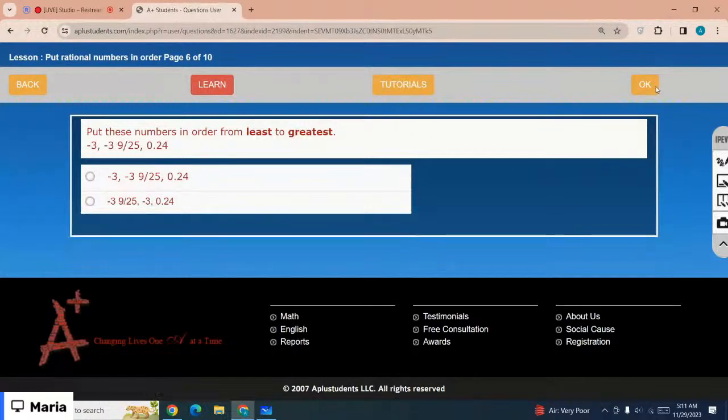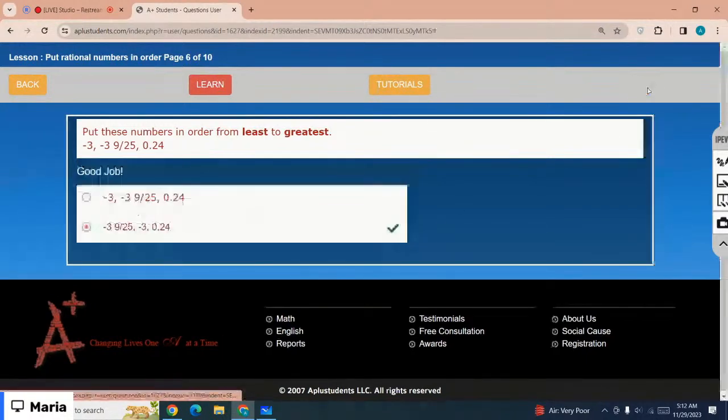Put these numbers in order from least to greatest. So which is the correct option? Option number 2 is the correct option, right? That is the least to greatest.